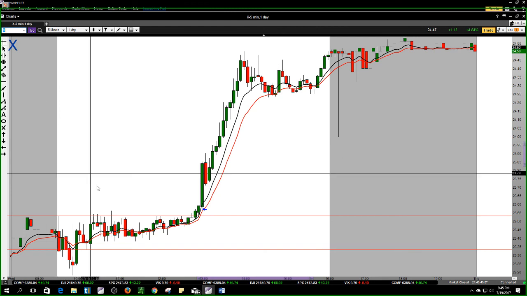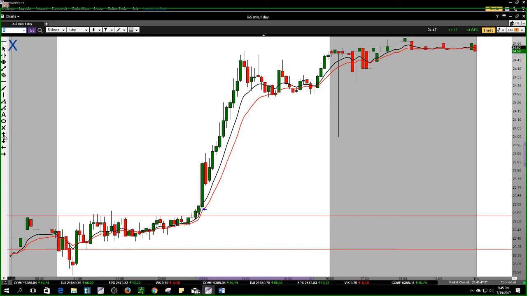X would have given you a beautiful 8/13 EMA strategy before even the chart started to do anything. Here was the 8/13 here. As the chart kind of hovered around, it still gave you another 8/13 crossover strategy here.